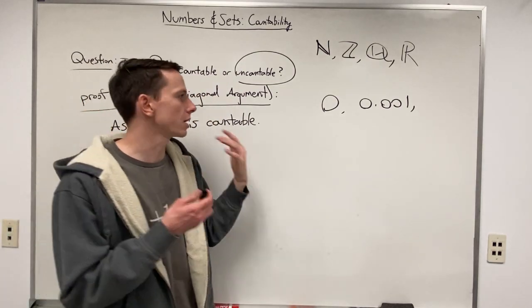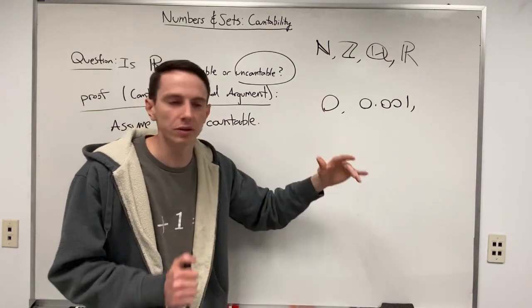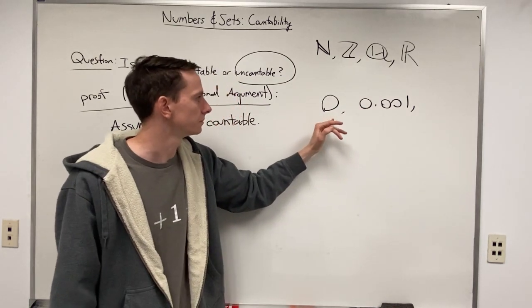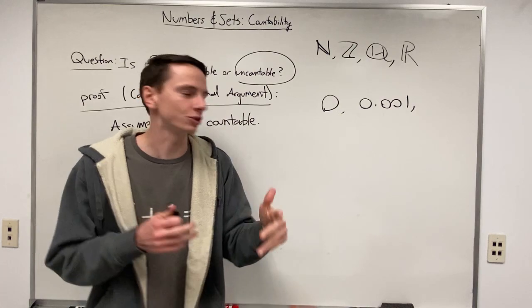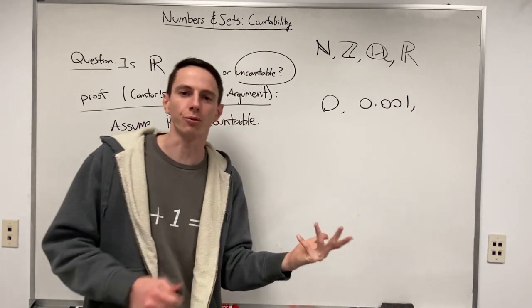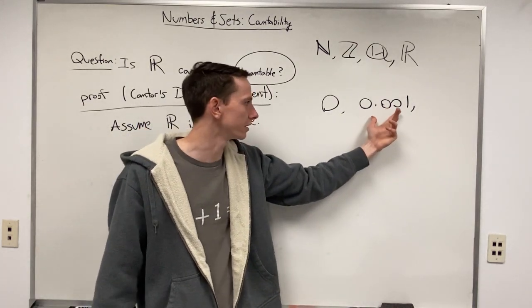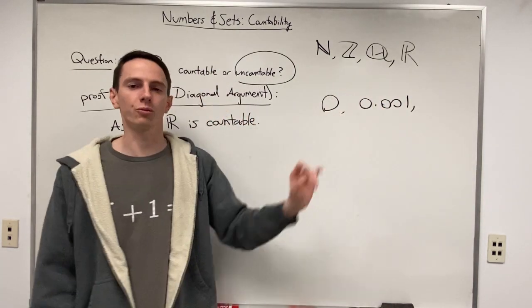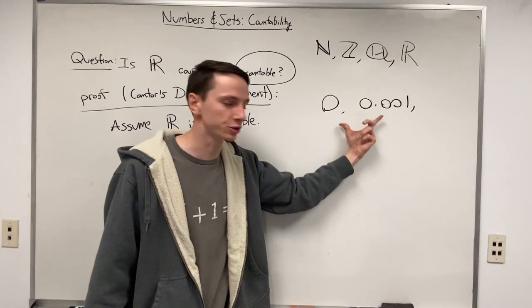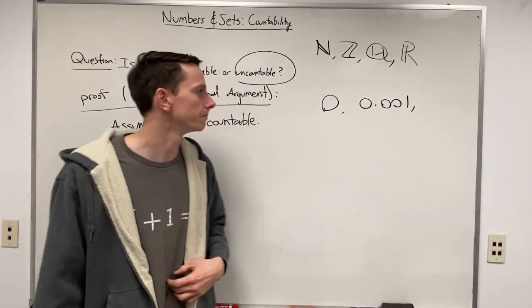So to ask what is the smallest positive element after 0, the answer is that you can't really describe one, because if you were to say this is the smallest positive element, you can always find one that is the halfway point between these two. You can always find a smaller one.